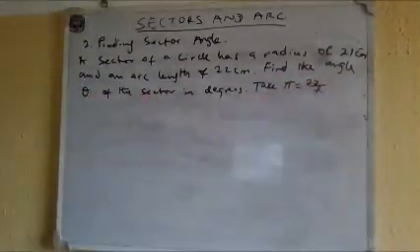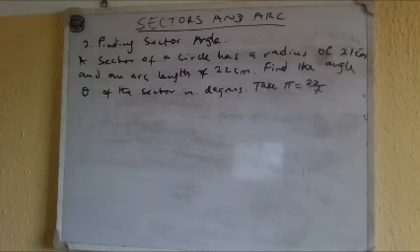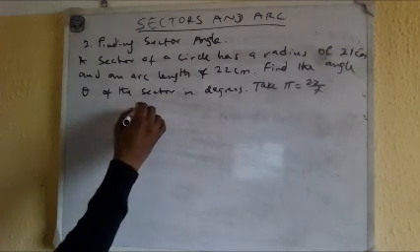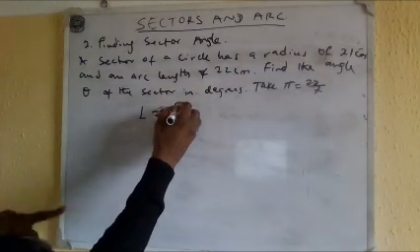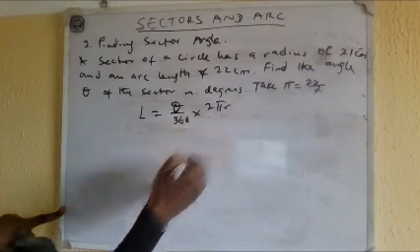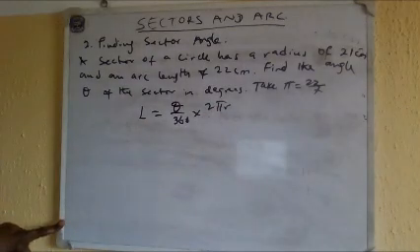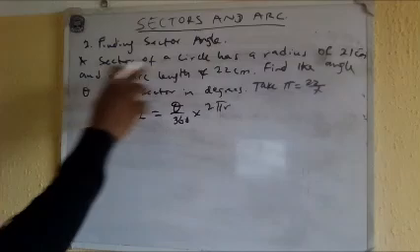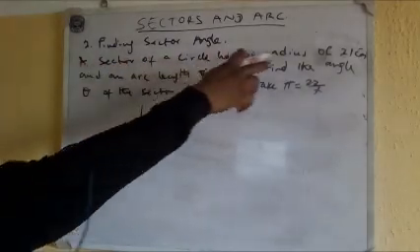Okay, so this is just a question that we will look at quickly. Now, using the formula for arc length, L is equal to what? Theta over 360 times 2 pi r. Now, what do we have? We have the arc length already. A sector of a circle has radius of 21.